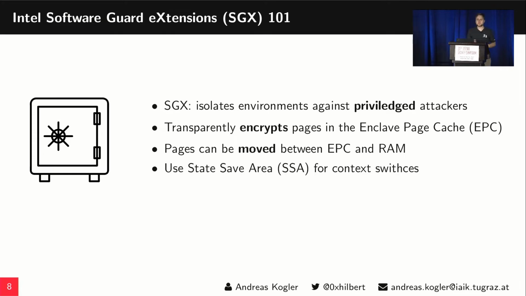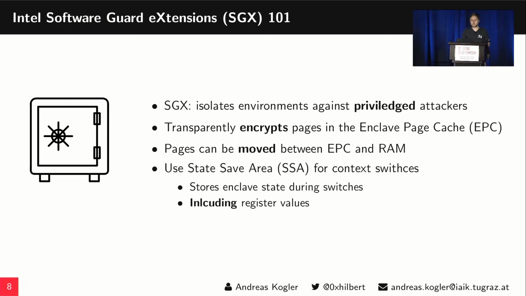And there's one super special page, the SSA, for context switches, that stores register values if an interrupt arrives. If you think about it, if you're computing and an interrupt arrives, you need a place to safely store register values before handling the interrupt in the operating system, because otherwise you would leak values to the operating system.